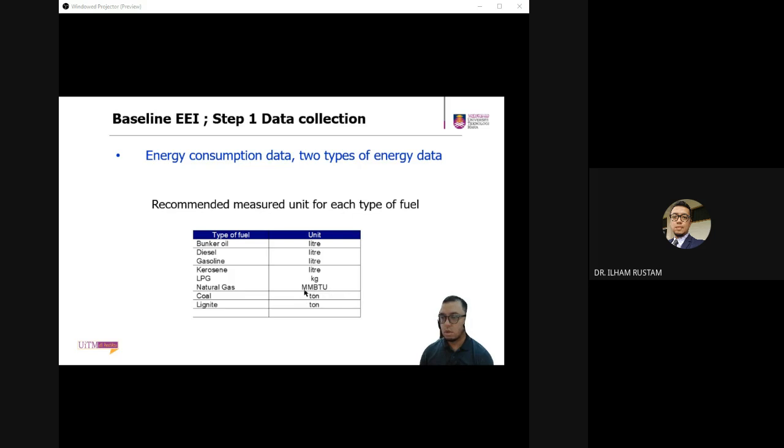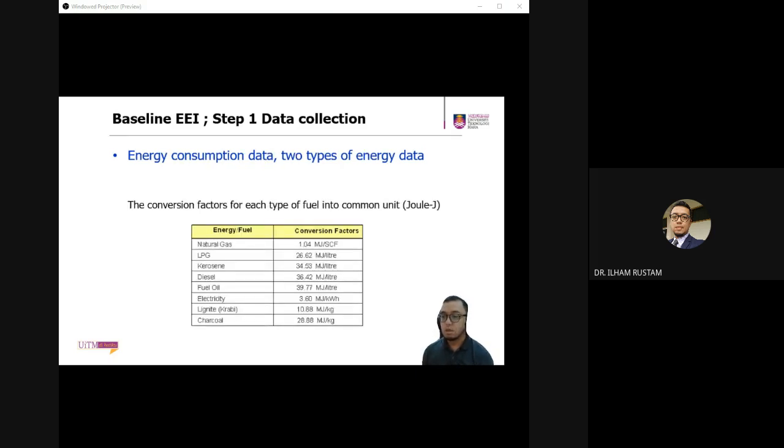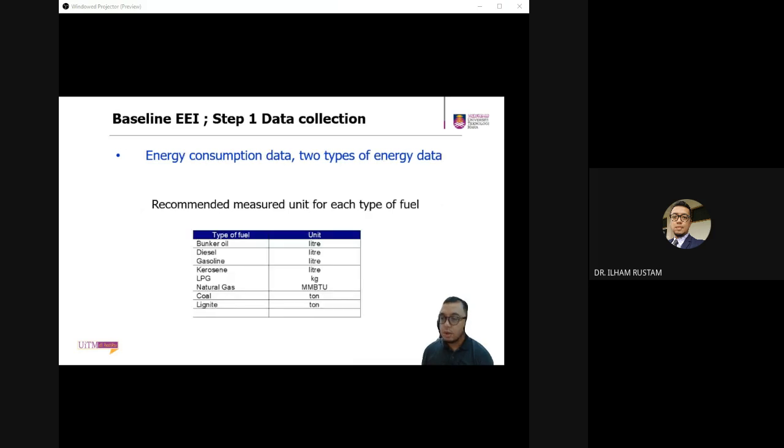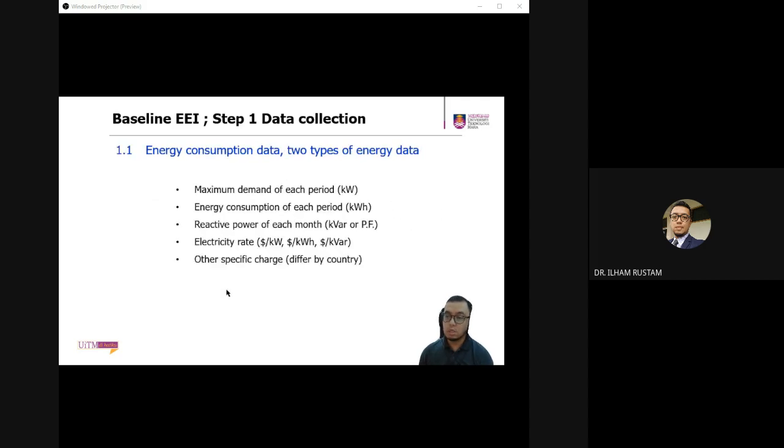MMBTU, if I can't recall, maybe they have some definition, but you can Google it, it's the British thermal unit. I can't recall exactly what it meant, but BTU is the British thermal unit. Okay, so let's say your machine uses diesel and also natural gas, how can you use the same unit, because it's a different unit.